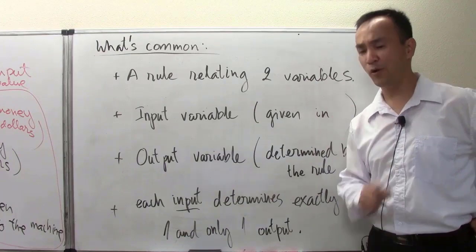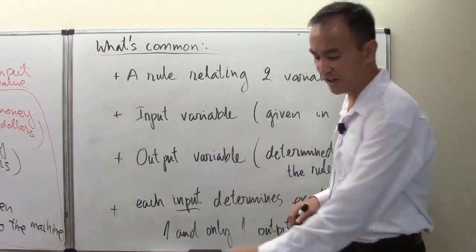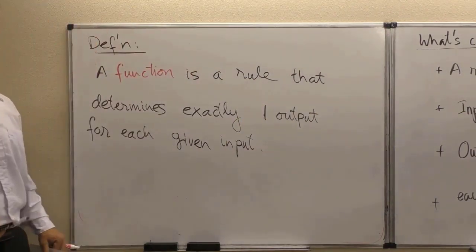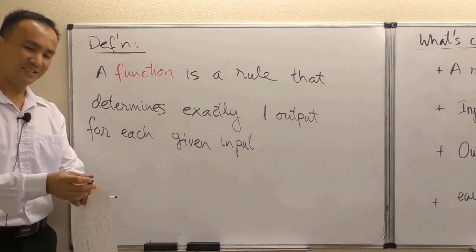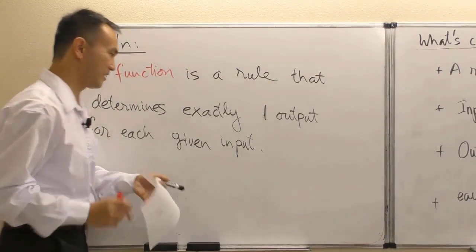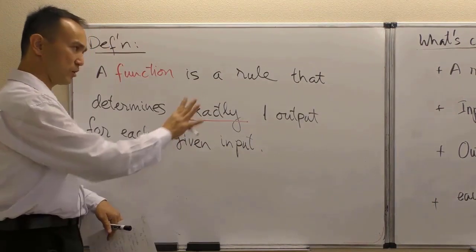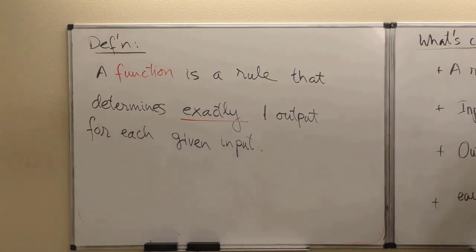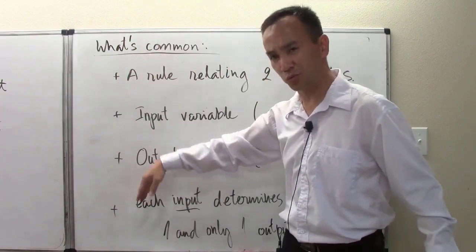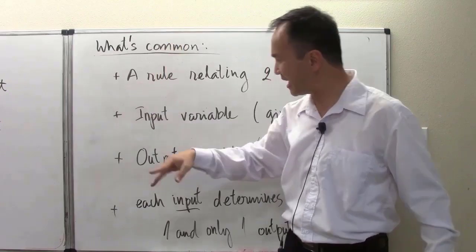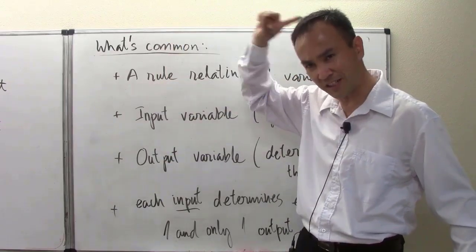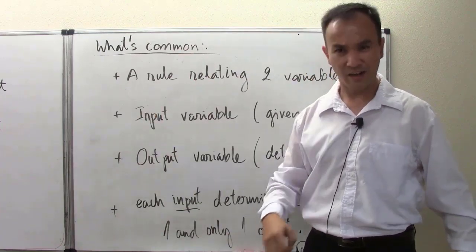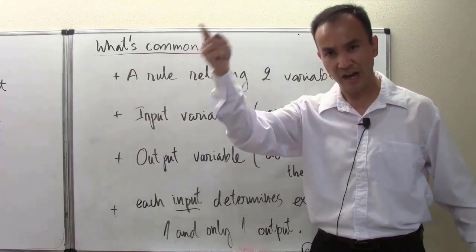All right, so at this point we are ready for a formal definition of what a function is. A function is a rule that determines exactly one output. It's a rule, it takes input and it gives output. That's why, back on the list of what's common among the three examples, yes, there's a rule. So the first thing to nail down anytime we hear the term function is to think of a rule.